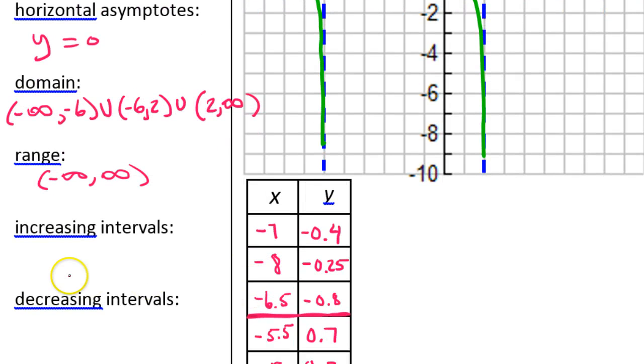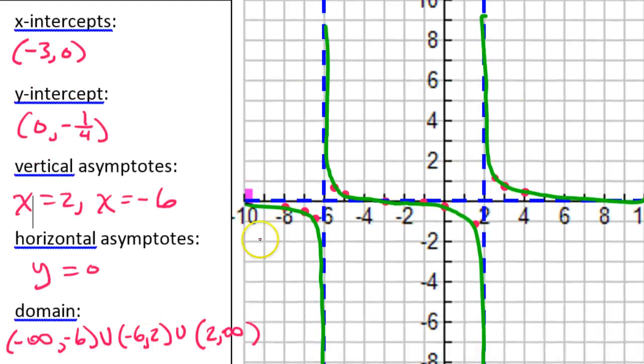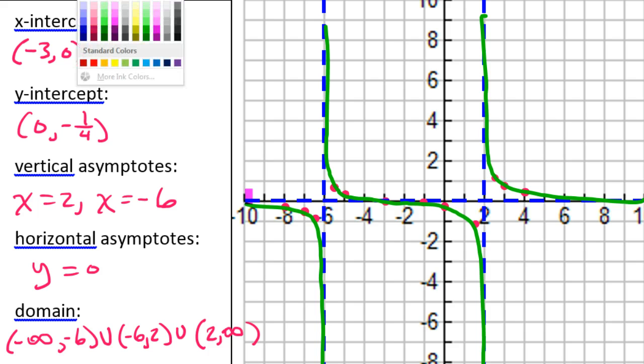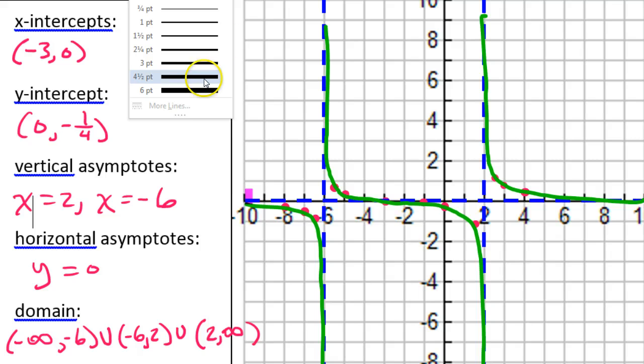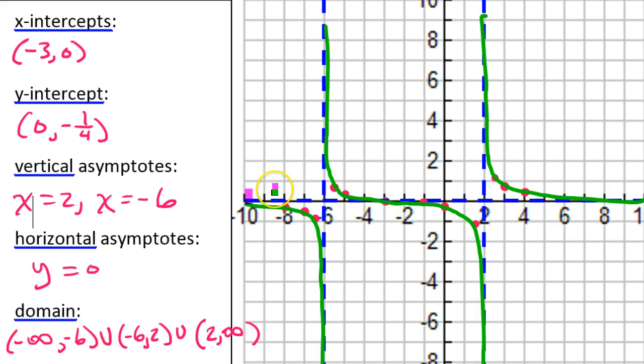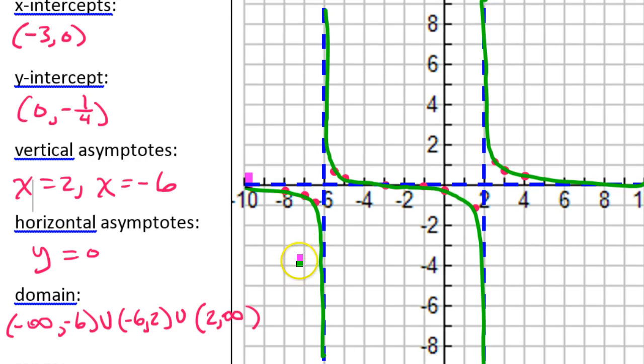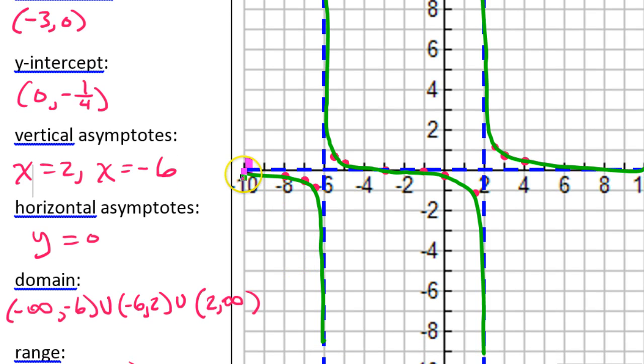Okay, now we need to do increasing intervals and decreasing intervals. When we do these, we have to go from left to right across the picture. As we do that, some of the time we're going downhill and some of the time we're going uphill. So as I move across the graph, starting from the left, I'm going downhill for this part of the graph.